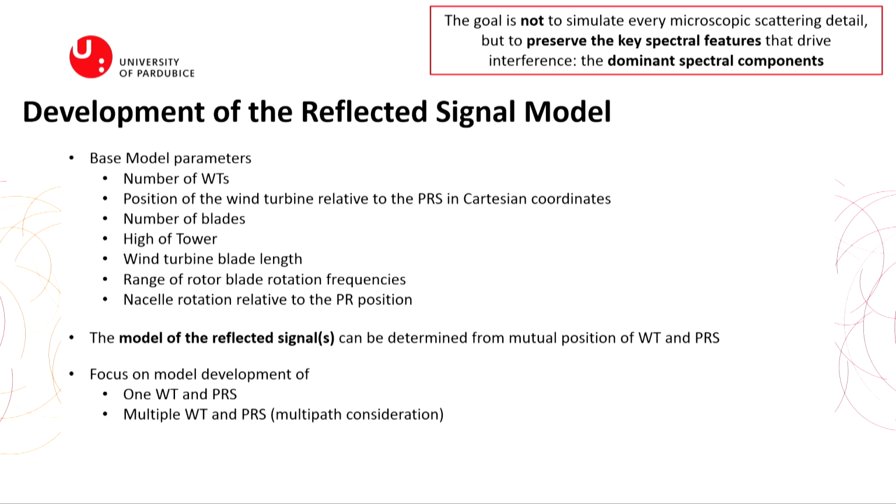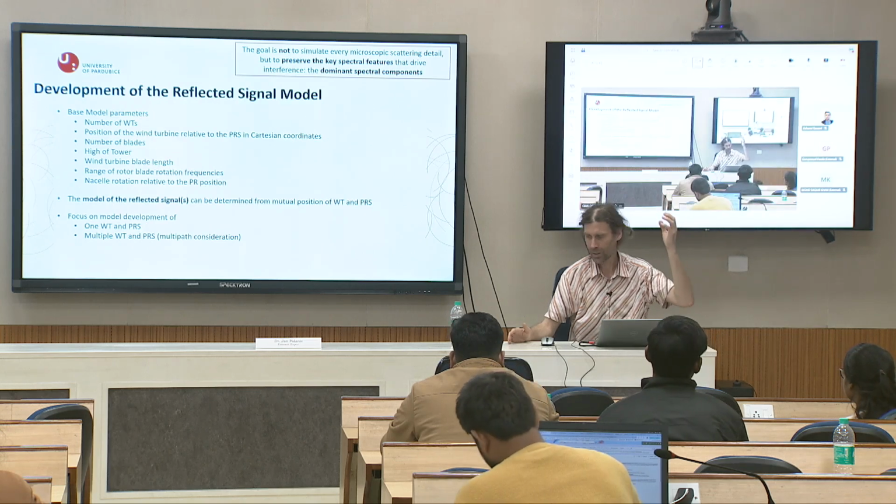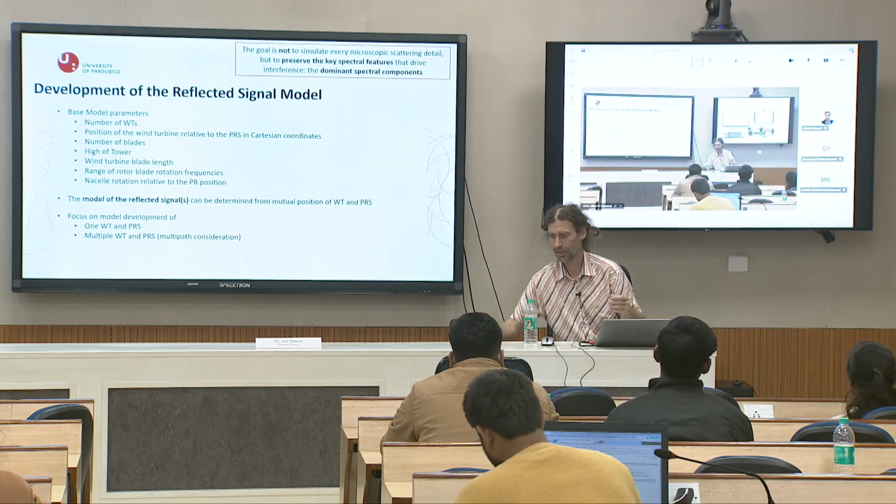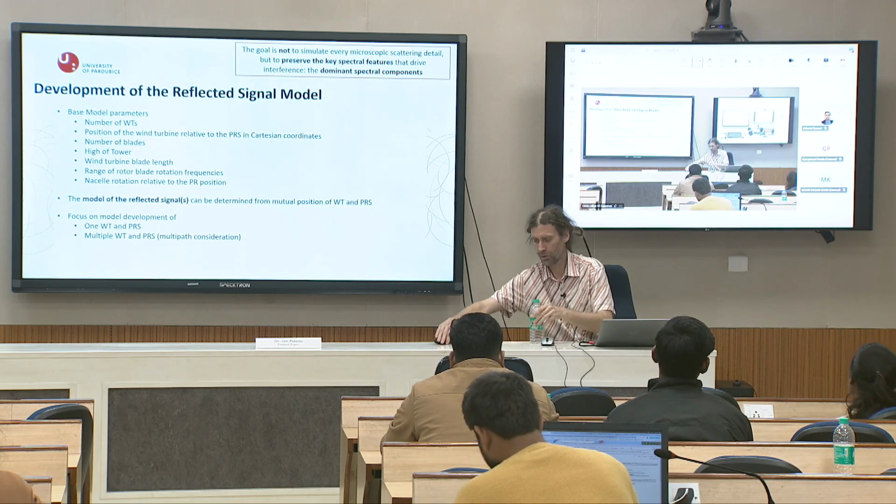Because there are so many angles, if you understand me. You have the radar, rotation, antenna. You have a wind turbine with respect to the radar at a different angle.